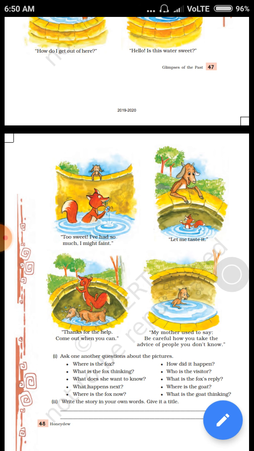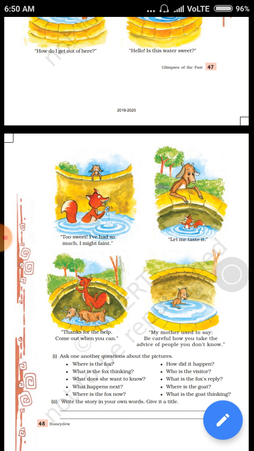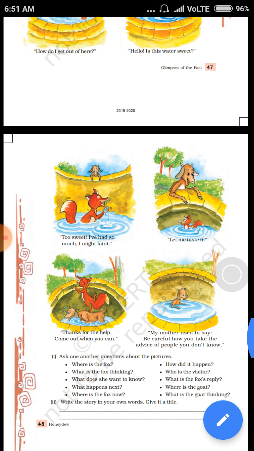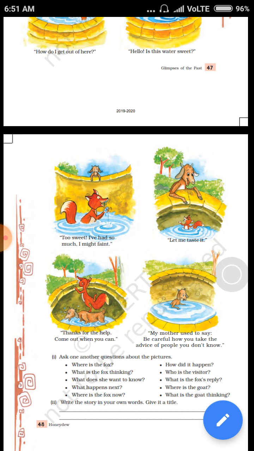You can see some pictures. Where is the fox? I think you can easily say the fox is inside the well. Yes.